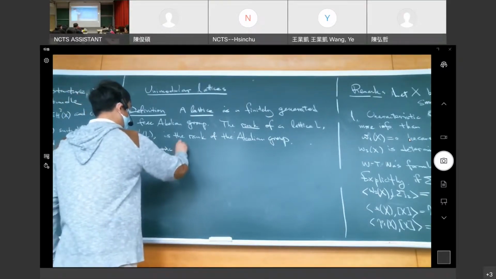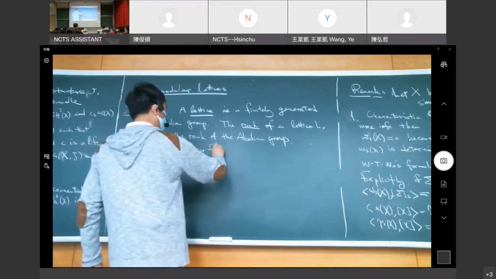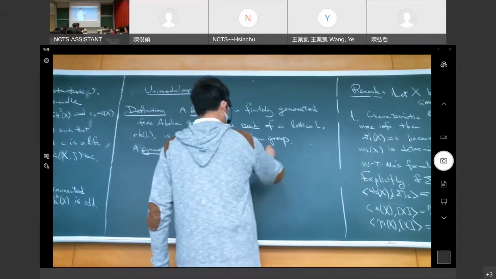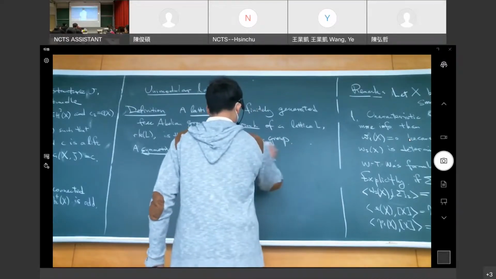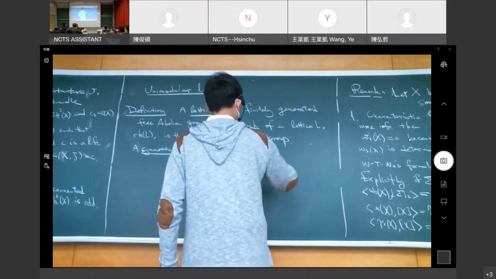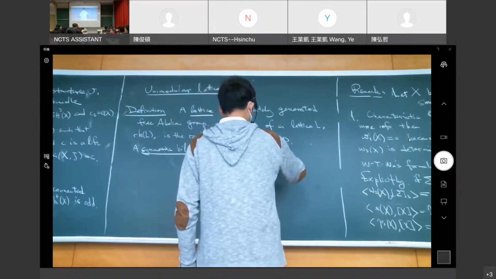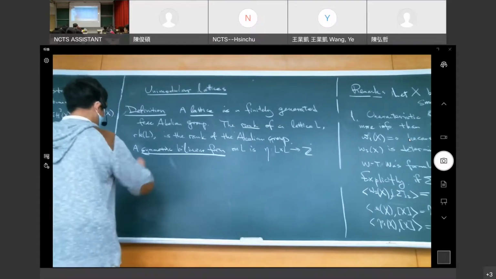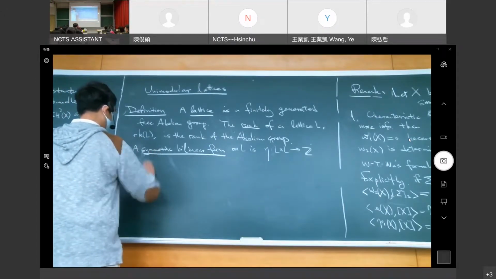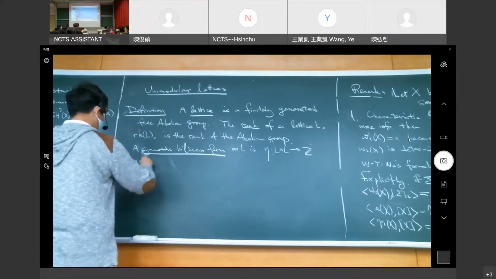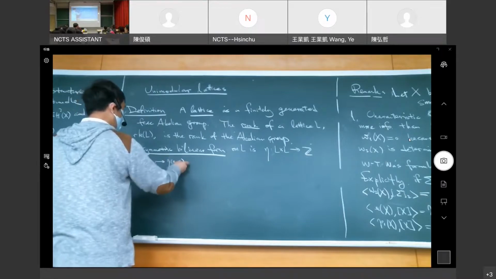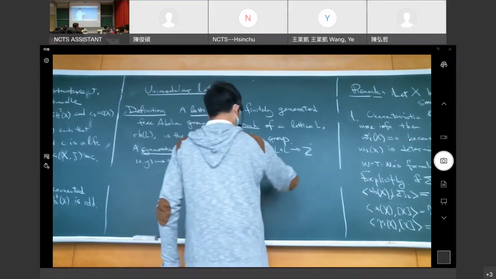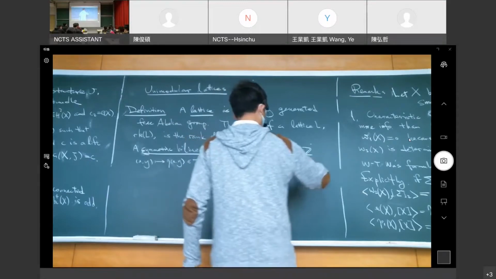A symmetric bilinear form eta on L is a map eta from L cross L to Z, sending x, y to eta of x, y in Z, where x and y are both in L, which is linear in both x and y.